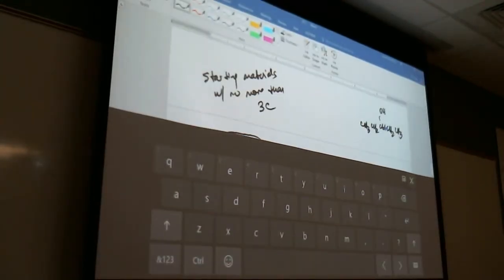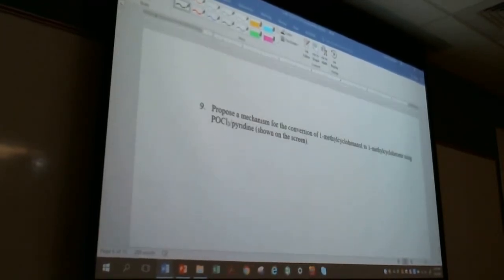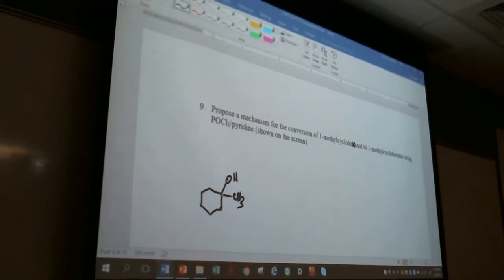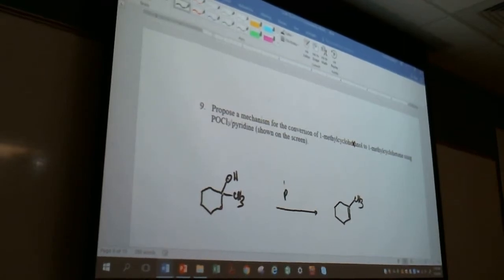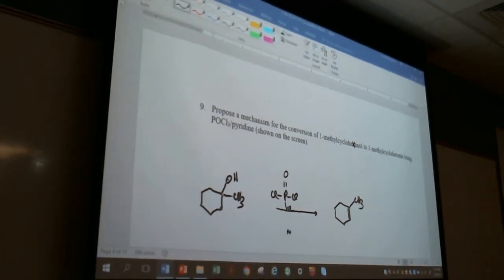You have methyl cyclohexanol being converted to 1-methylcyclohexene using phosphorus oxychloride and pyridine.